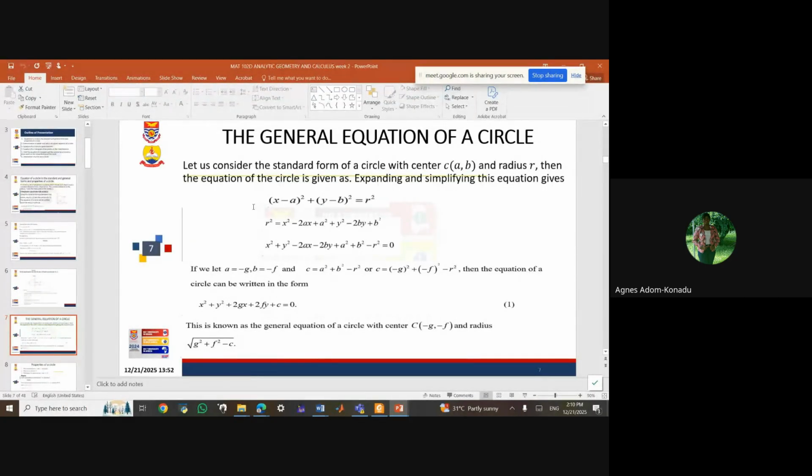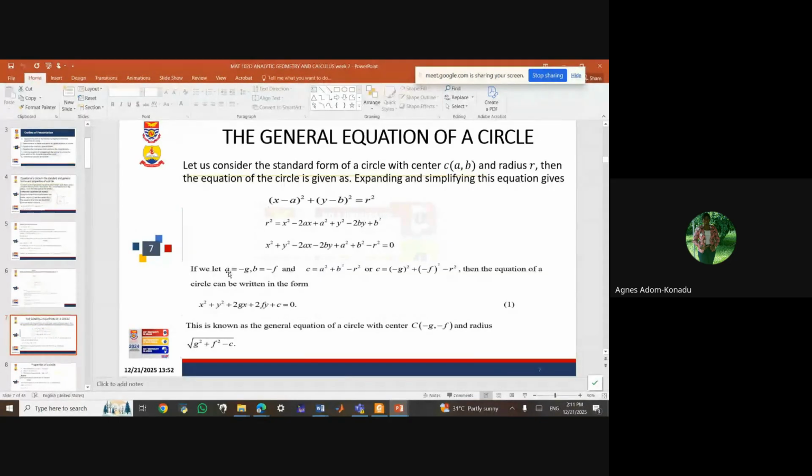So when we expand this, we get x squared minus 2ax plus a squared plus y squared minus 2by plus b squared minus r squared, which is the same as x squared plus y squared minus 2ax minus 2by plus a squared plus b squared minus r squared equal to 0.